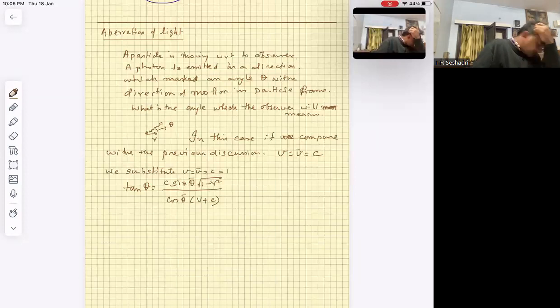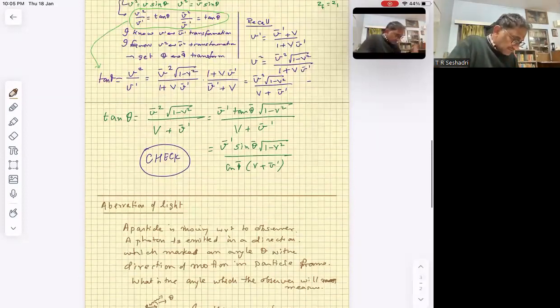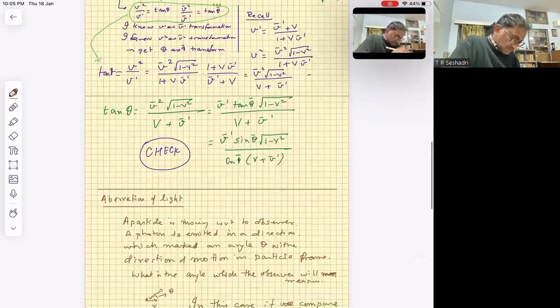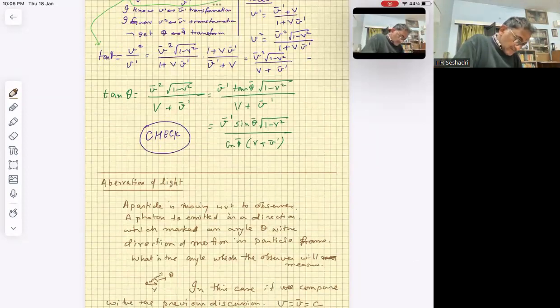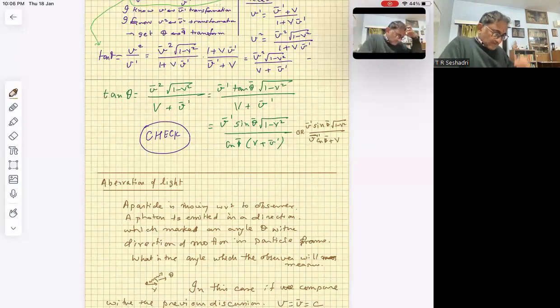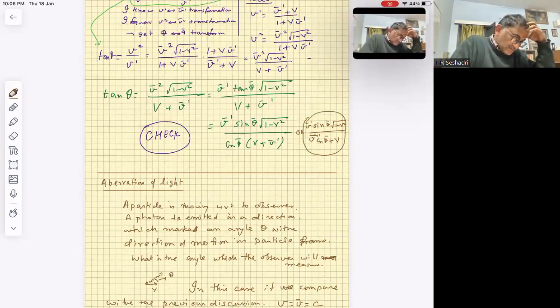I think it is wrong. I think there is some mistake in that theta. Or this is V1 bar sin theta bar 1 minus V square by V bar. Sorry, V bar 1 cos theta bar plus capital V. I don't know. We have to check.